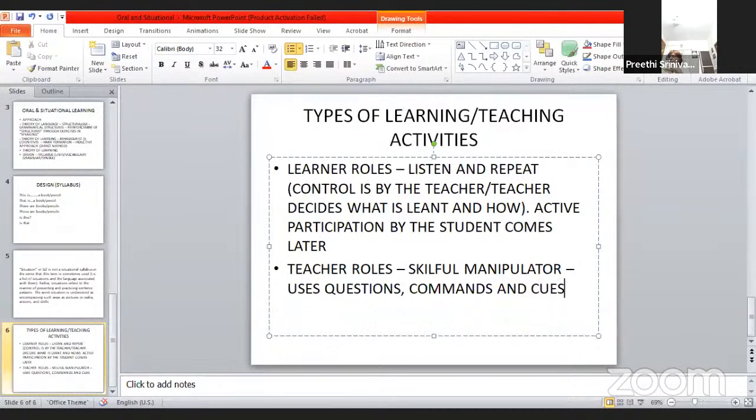Like I said, if the teacher says sit down, with a gesture, stand up, stand up, sit down. So in other words, the situations are controlled. It's a very controlled situation.